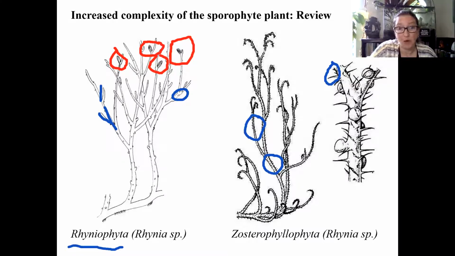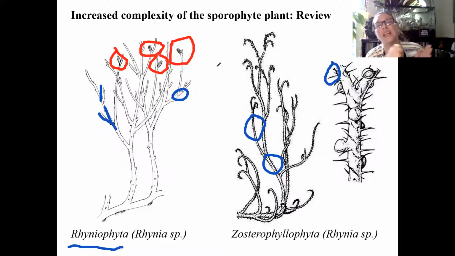By the time you get over here to this right, so these are both different species of Rhinia, but this Zosterophyllophylla, you don't need to know the word Zosterophyllophylla. Just know this slide's showing you three things. One, you're having more complex growth patterns, right?